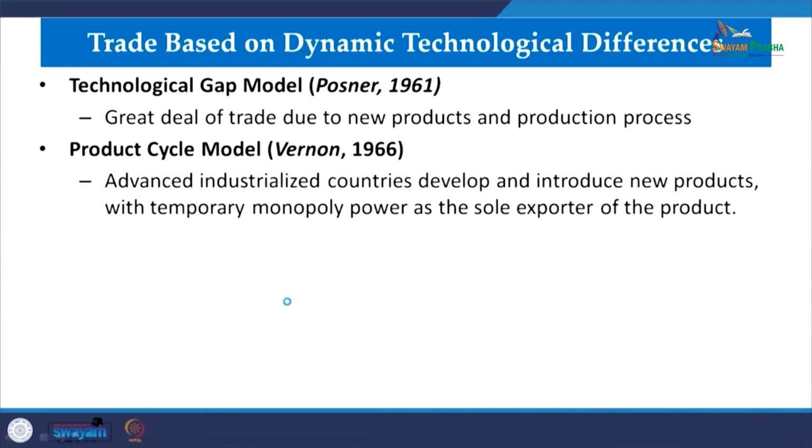Accordingly, the advanced countries developed the new product and introduced the product with temporary monopoly power. This is very important: temporary monopoly power as the sole exporter of the product.